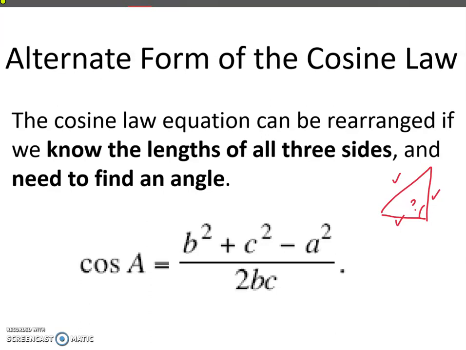And if we know all three sides, we can find a missing angle using the cosine law for finding angles. And there's a version right here to help us find the angle. It says cos of angle A is equal to b squared plus c squared minus a squared all over 2bc. Just make sure that you treat all of this together as one number.